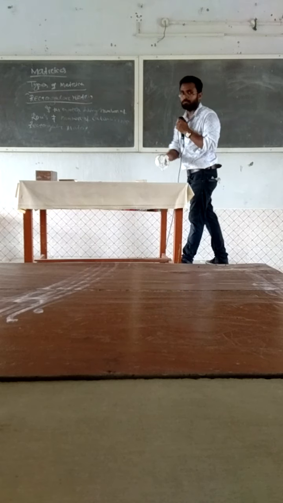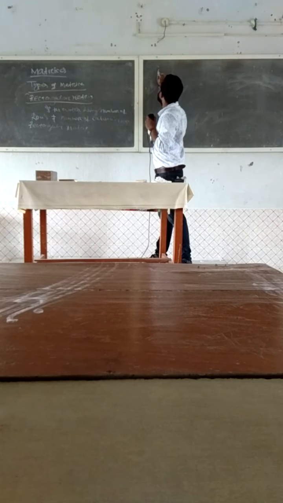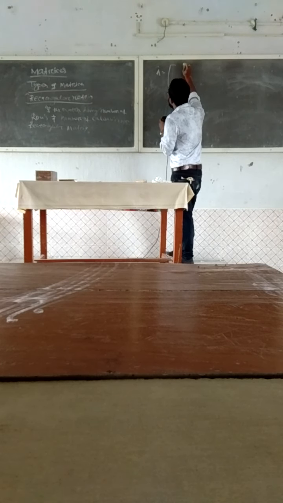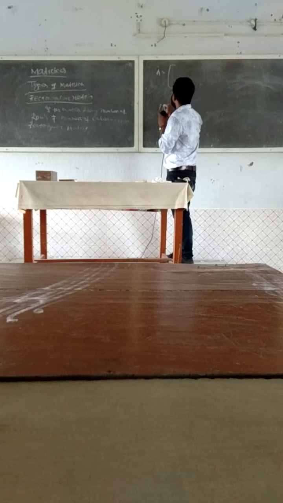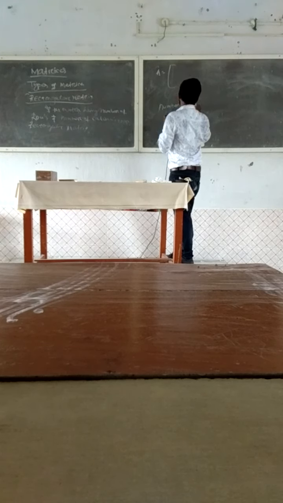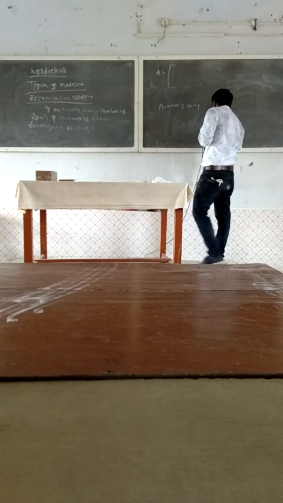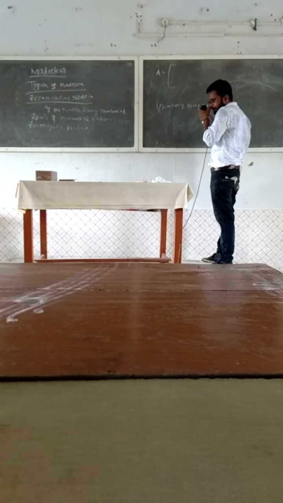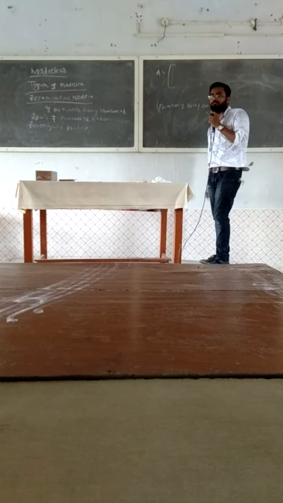Let us take an example of a rectangular matrix. If A is a rectangular matrix, then the number of rows is not equal to the number of columns. That means rows not equal to columns.